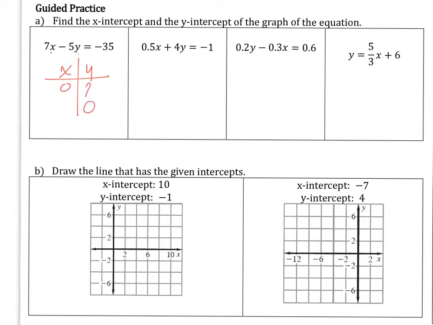When y is 0, x is -5. Therefore, 0, 7, and -5, 0 are my x and y intercepts.